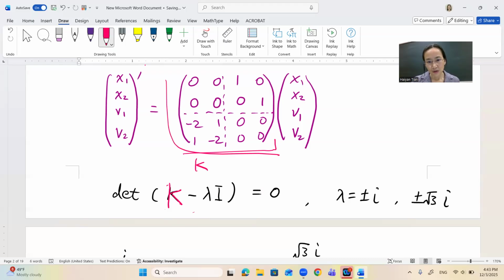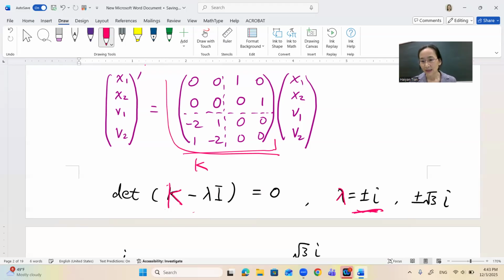So for this matrix, we get lambda equals plus or minus i. This is a complex eigenvalue, right?